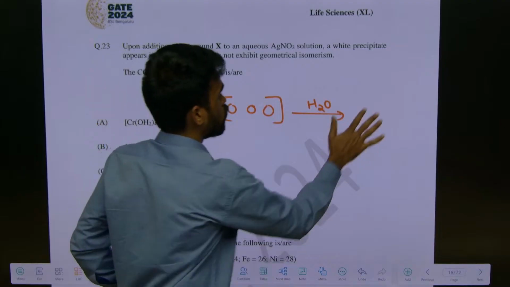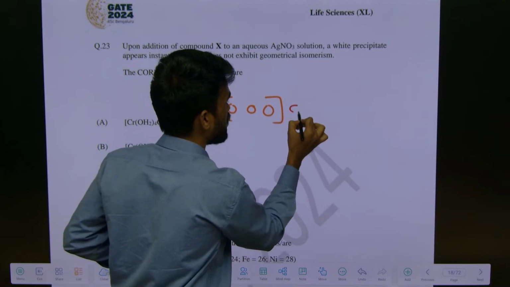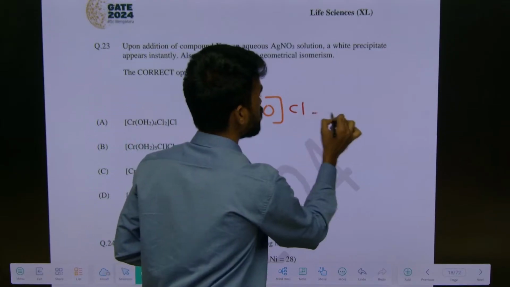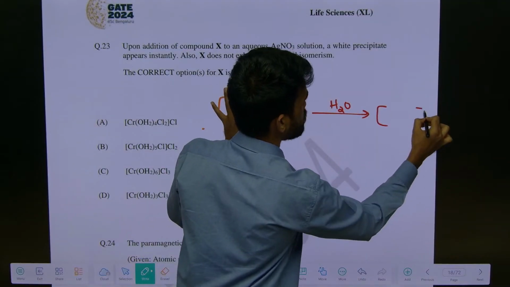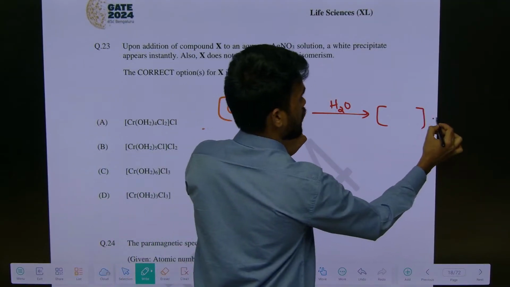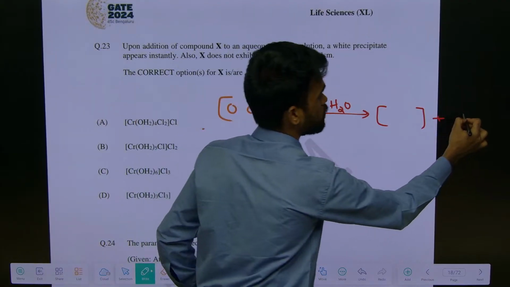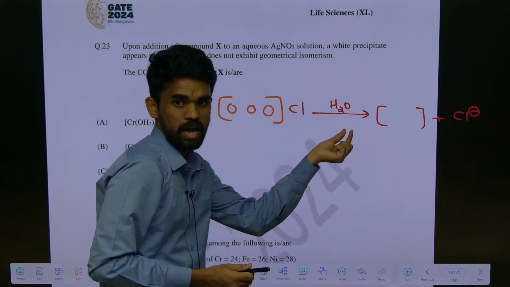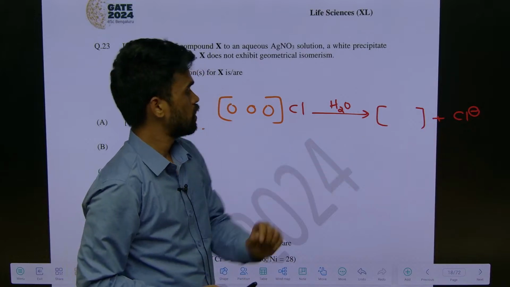But if there are extra ions outside this coordination sphere, when you place it in water, the coordination sphere becomes one ion, and the ions outside the sphere become separate ions. Do you get what I am saying?